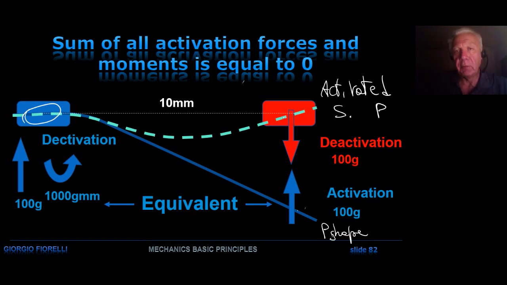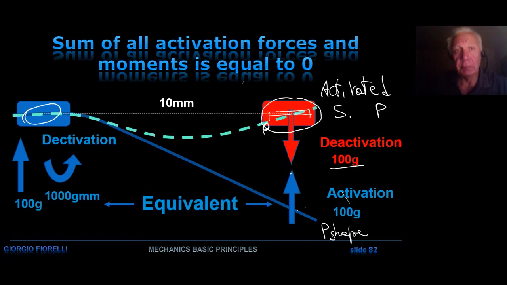Now, if we do not engage the wire inside the slot here, and we make a ligature here, the force is only transmitted through one point and stays as a force. So actually, if I measure with the force gauge the force of 100 grams, I know that the deactivation force that is applied to the red bracket is again 100 grams.